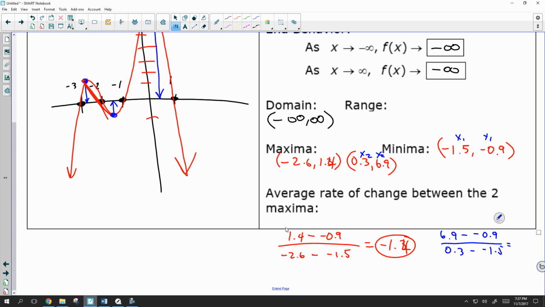So ABC, 6.9 minus negative 0.9. And then on the bottom, 0.3 minus negative 1.5. Another decimal, 3.88, so we'll just call it 3.9. There's your second answer. And that's all there is to it, guys. It doesn't have to be perfect, but we should have perfect numbers because we have the graphing calculator to help us.